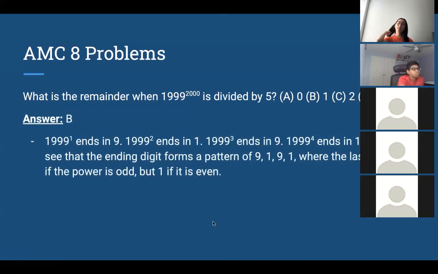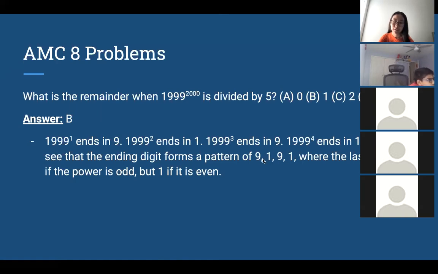First we find the units digit. To do that, we have to find the pattern. The pattern here is 9, 1, and forever and forever, 9, 1, 9, 1, 9, 1. Then we do the modular arithmetic. Since 2000 is even, it's going to give you a remainder of 0.